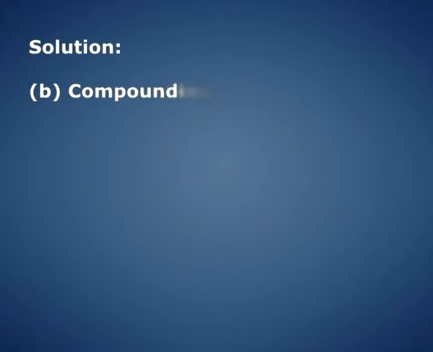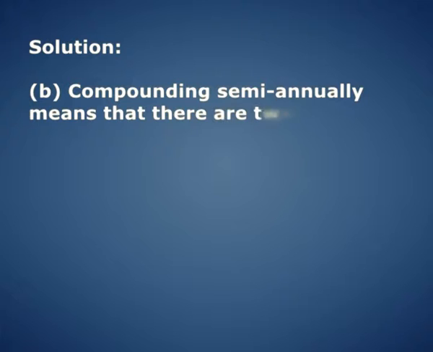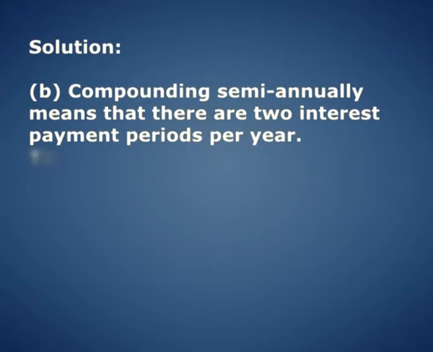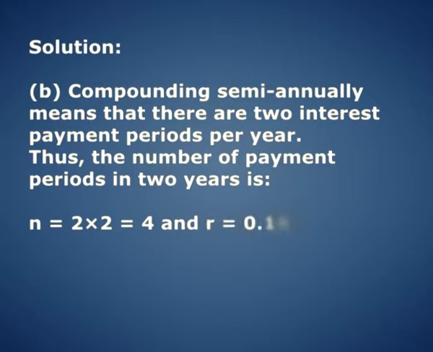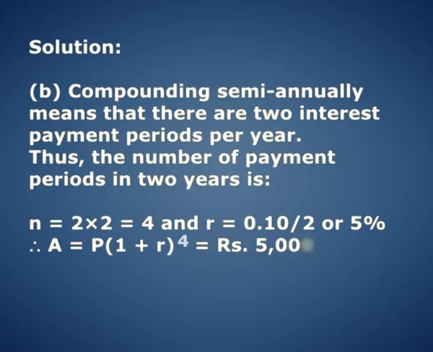Now let's see the second part. Compounding semi-annually means that there are 2 interest payment periods per year. Thus, the number of payment periods in 2 years is going to be n equals 2 into 2, so that is equal to 4. And the rate of interest is 0.10 divided by 2, or we can say 5%. So the amount is given as P times 1 plus r to the power 4.